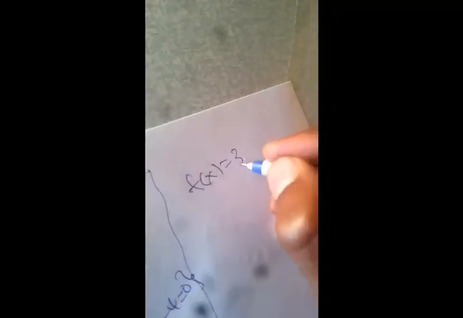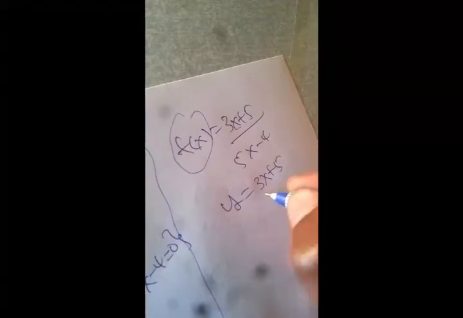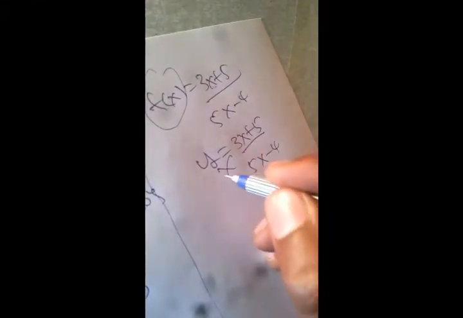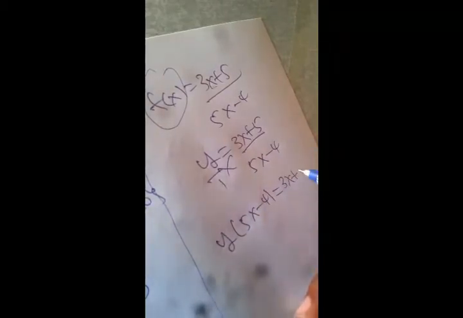Our equation is (3x + 5) over (5x - 4), so we will change f of x to y. y equals (3x + 5) over (5x - 4). Therefore, we will cross-multiply: y times (5x - 4) equals 3x + 5.